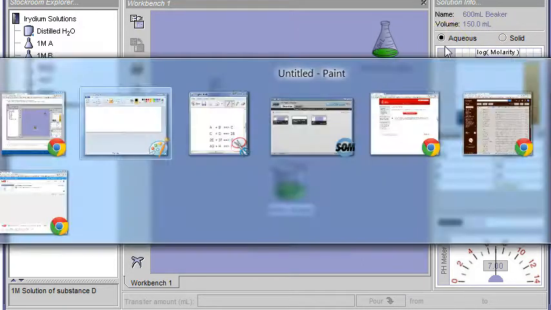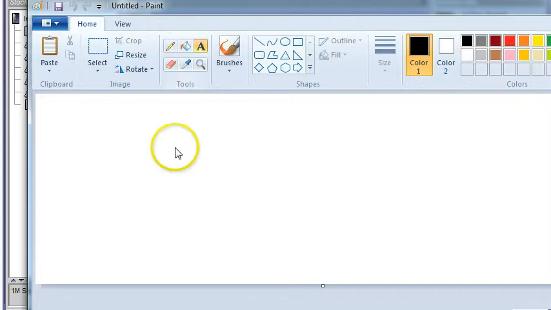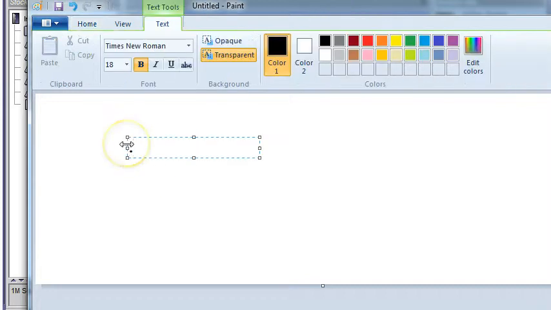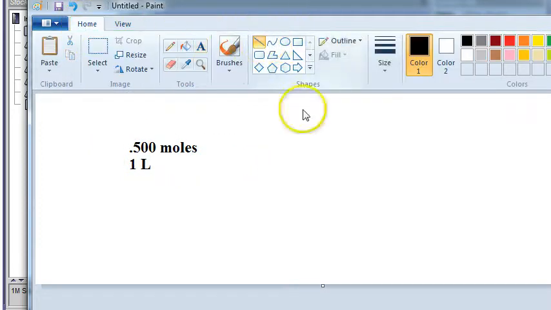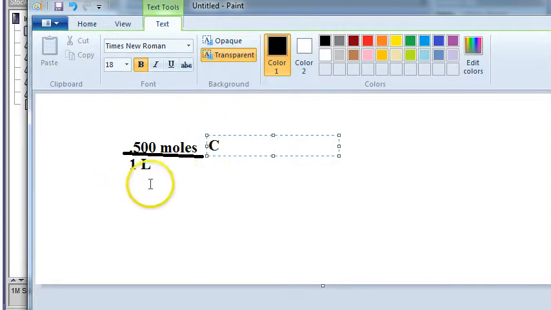I'll start with that C. I've got 0.5 molar. Molar means moles per liter. That's moles over liters, like that: 0.5 moles over 1 liter. And that's moles of C over liters of the C solution.